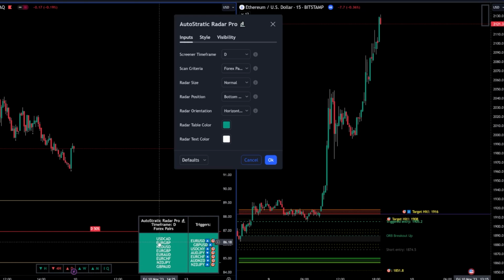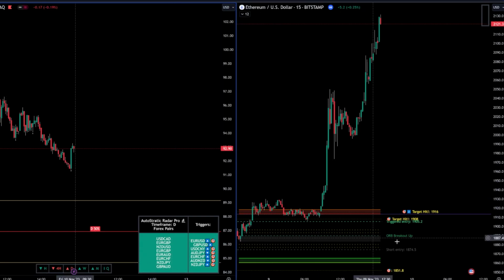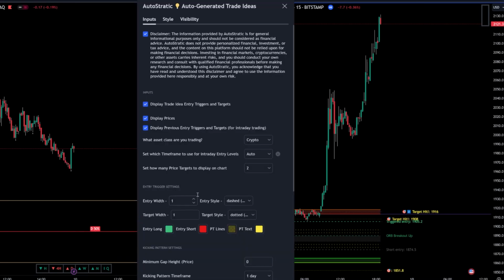Here, we have a couple of tickers that generate trading ideas for the next session for the Forex pairs. As we clicked on the Forex scan criteria, we're going to make sure we're switched over to Forex.